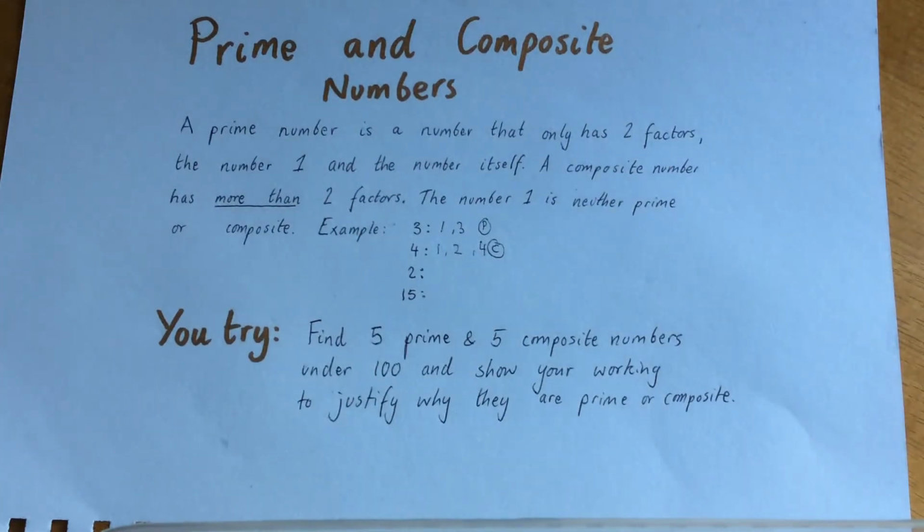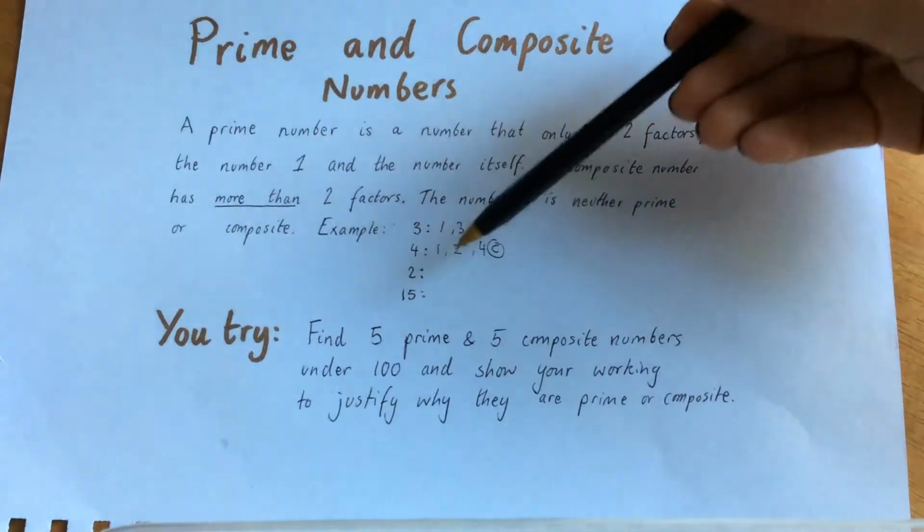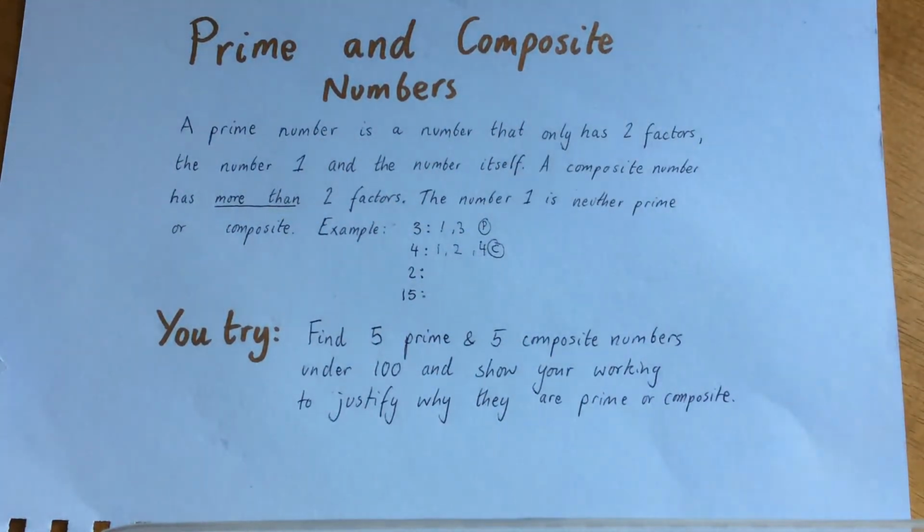Okay, so now we're going to be looking at the number 2. The only reason I put these two other ones in is because a lot of people have a tendency to say that all composite numbers are even and all prime numbers are odd.